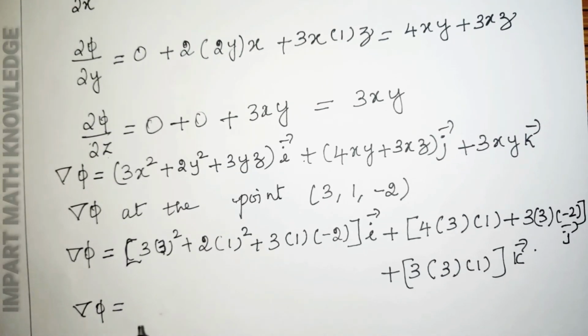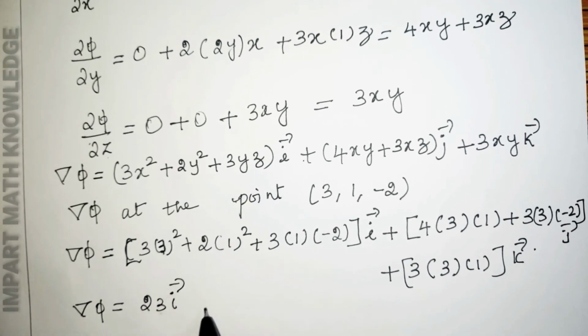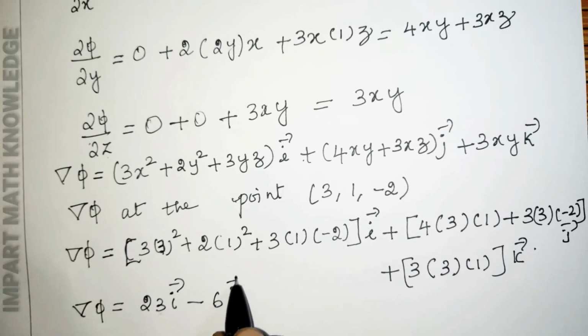So del phi is equal to 23i vector minus 6j vector plus 9k vector.